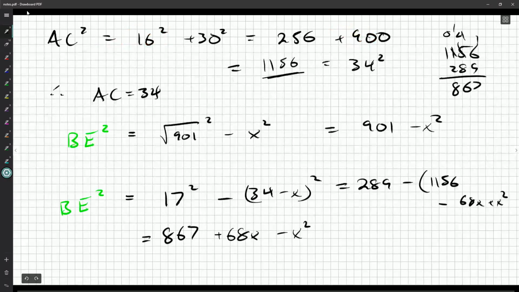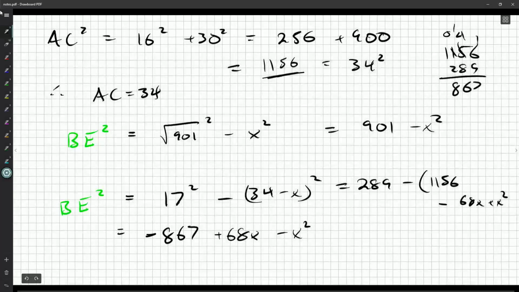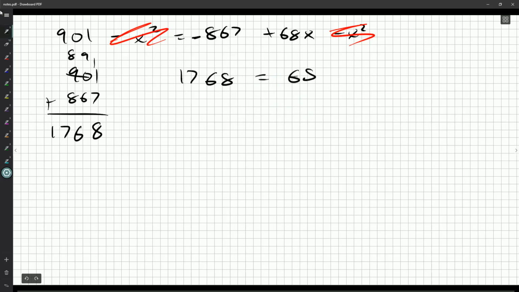That certainly doesn't look right based on the picture. Have I done something wrong? Yes, I did. Of course the picture isn't that reliable either, because this is not a ratio of 1 to 16 here. But this should be a minus sign, because I subtracted the bigger number, so that means we do a plus, not a minus. So 901 plus 867, you'll get 1768, which is 68x.